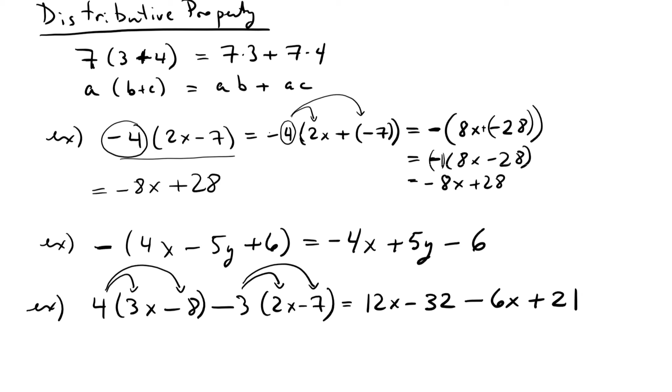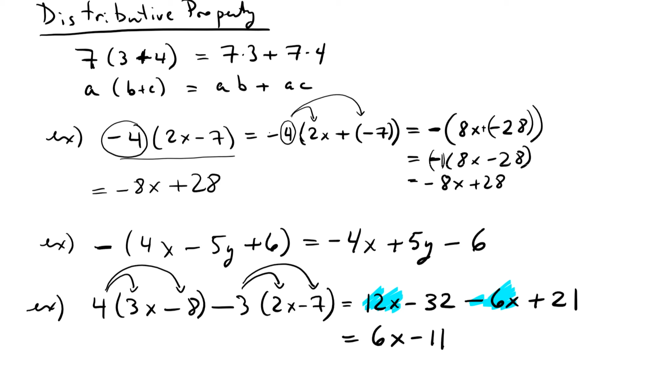And then I have terms that are alike. I've got 12x minus 6x. So this is called combining like terms. So 12x minus 6x, that's 6x actually. And minus 32 plus 21, that's minus 11.